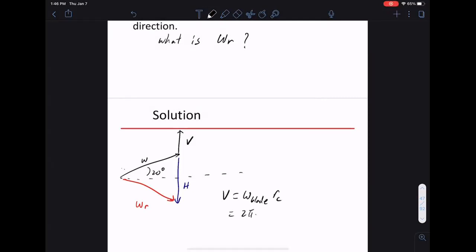So this is 2 pi times 20 over 60 times how long it is. So we get 2 pi times 20 over 60 times 20, 41.89 meters per second, right? So this is the upward motion we have.